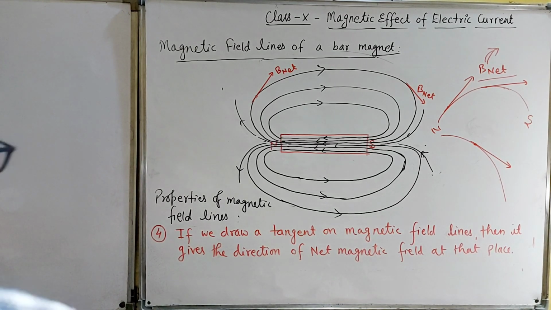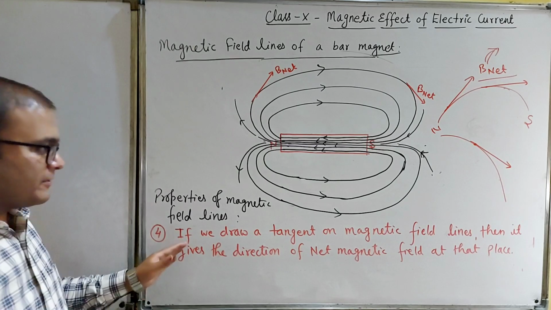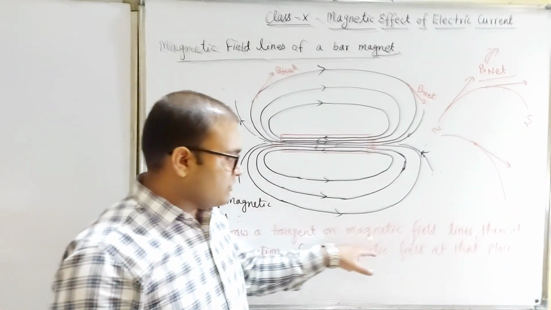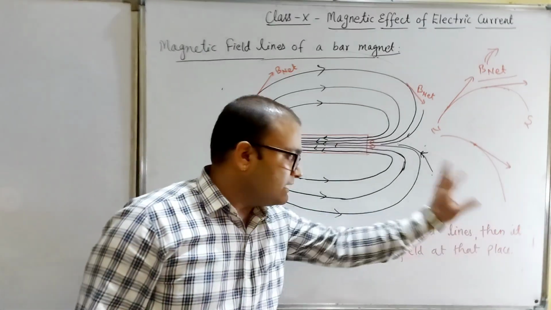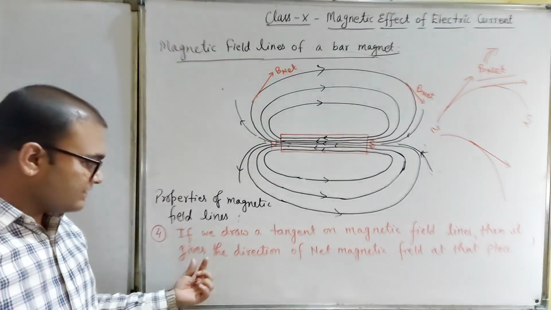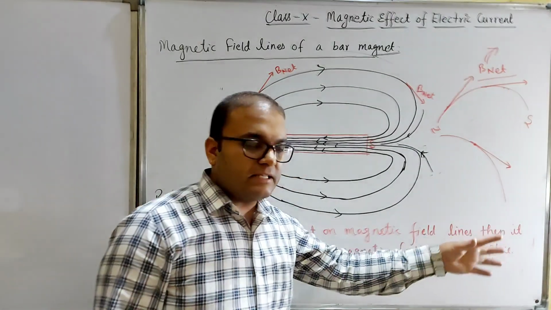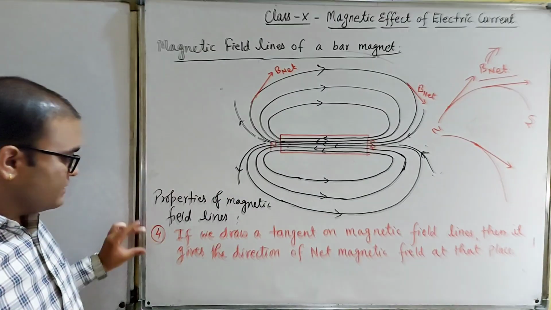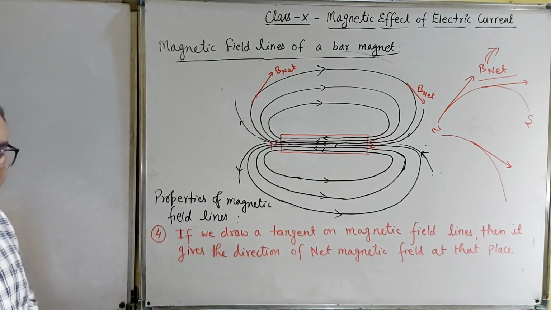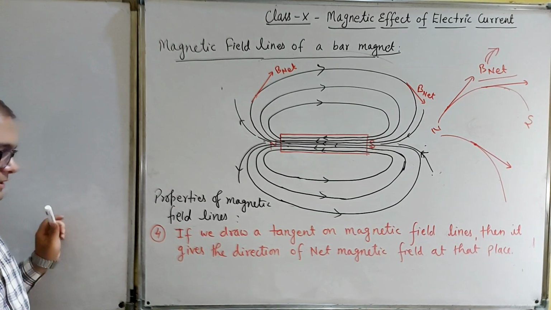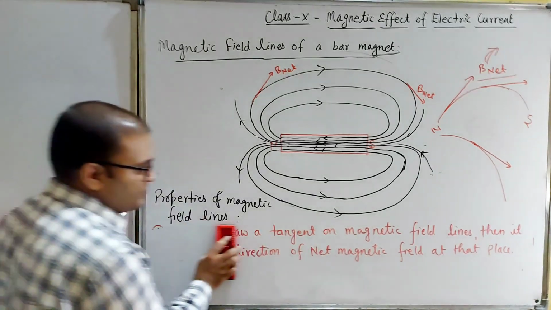If we draw a tangent on magnetic field lines, then it gives the direction of the net magnetic field at that place or at that point. So you can write this fourth property also. You can take a screenshot and write this one. So this is the fourth property.